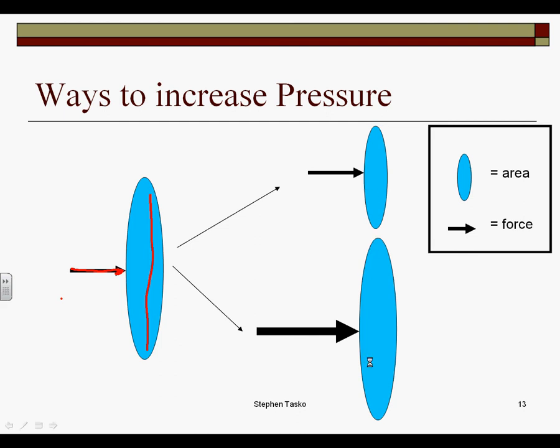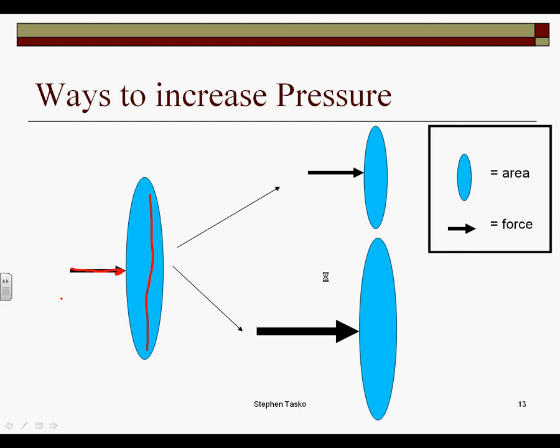Alternatively, if you leave the area the same and increase the magnitude of the force, the numerator will be larger, and you'll also increase the pressure. To decrease pressure, you could just do the opposite. You can either increase the area for a given force or decrease the magnitude of the force over the same area.